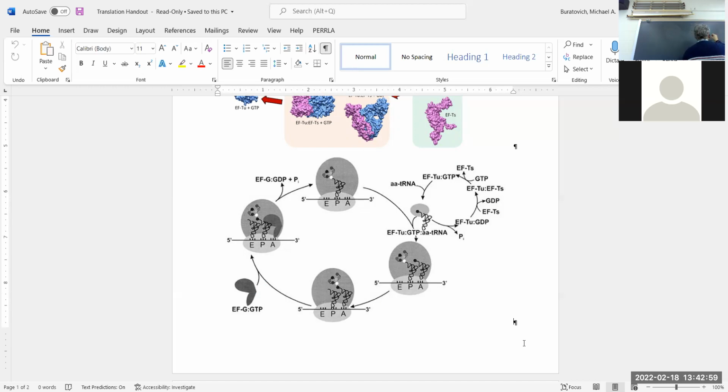So it's a 23S ribosomal RNA in bacteria, and it is the 28S ribosomal RNA in eukaryotes.